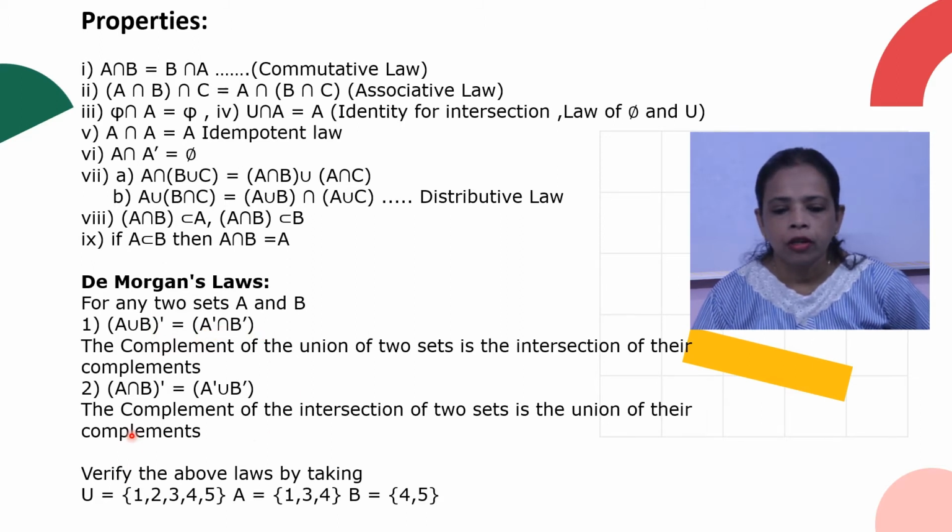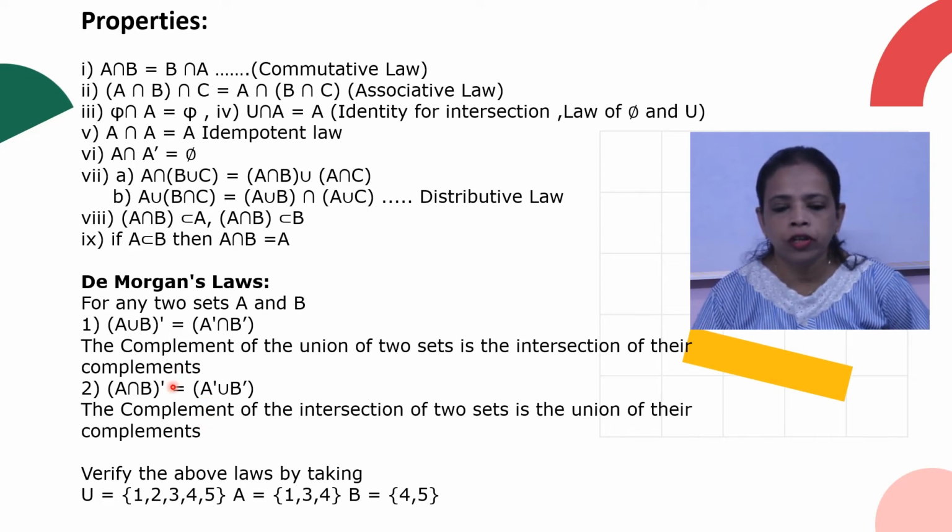And the second law, the complement of the intersection of two sets is the union of their complements. So in set notation we can write: (A intersection B) complement equal to A complement union B complement.